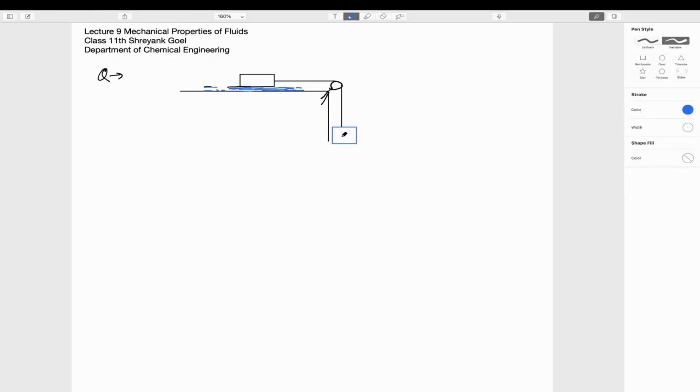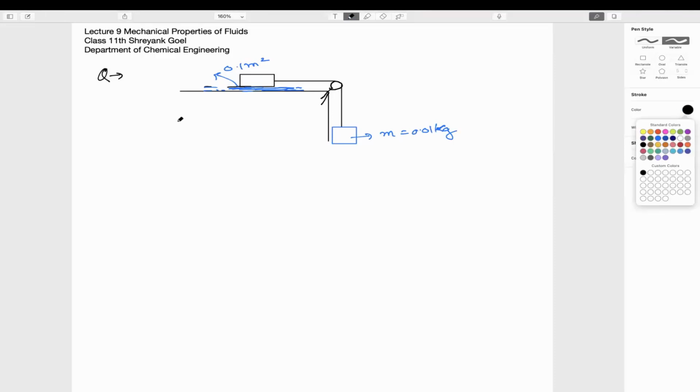The area in contact with the liquid is 0.1 meter square. The weight of this block is 0.01 kg.